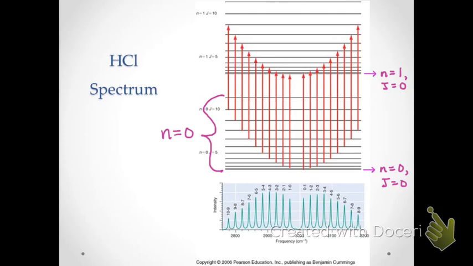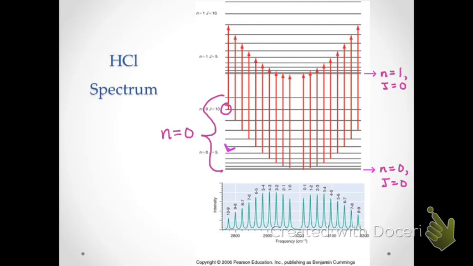Just to be clear, all of these levels here correspond to the n equals 0 vibrational state with different rotational energies. So we have, for example, this particular level right here corresponding to the n equals 0, J equals 5 level, and this one right here corresponds to the n equals 0, J equals 10 level.